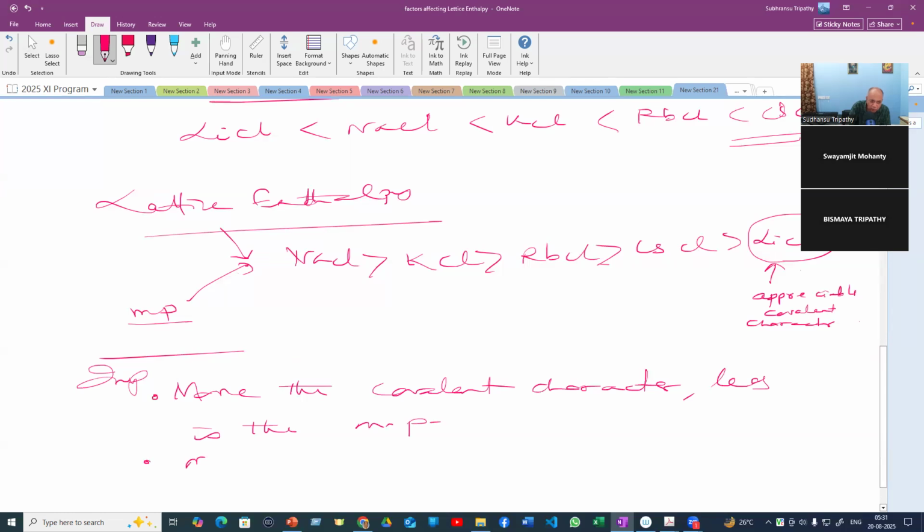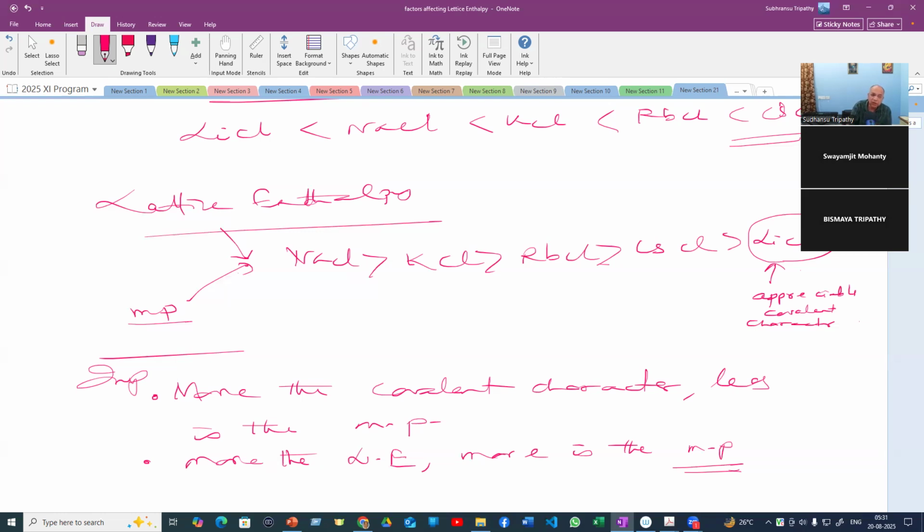And the more the, I will not say ionic character, the more the lattice enthalpy, the more is the melting point. So, which effect will dominate, that will be decided here. In alkali metal halides, the lattice enthalpy factor dominates.